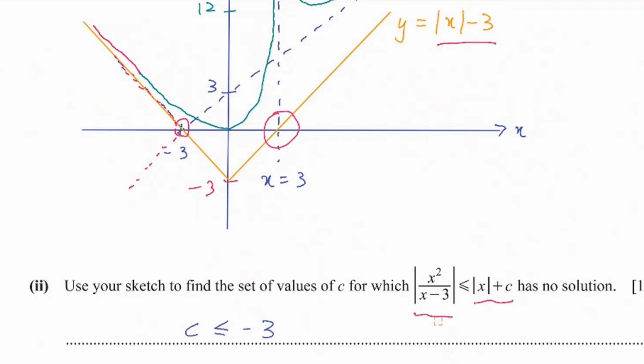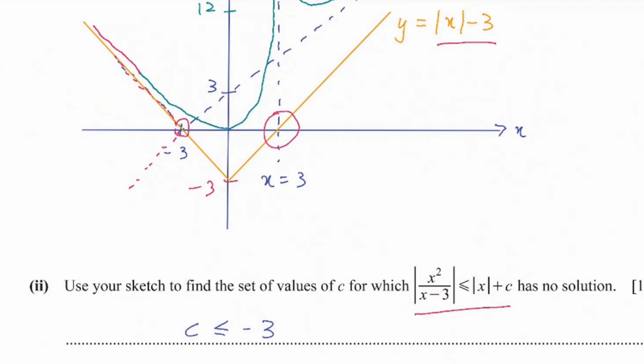So it means if this inequality has no solution, the modulus of x squared over x minus g is greater than modulus x plus c. Then only this inequality will have no solution.